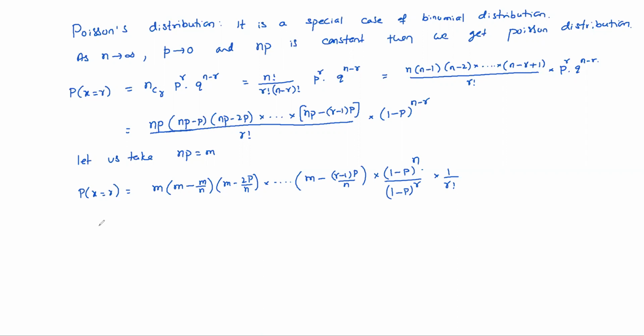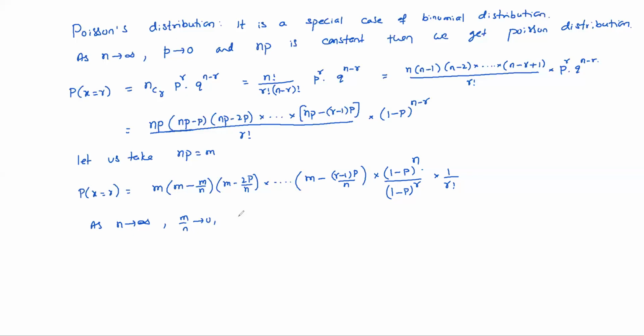But you know np is constant, n tends to infinity. As n tends to infinity, what happens? N tends to infinity means m by n tends to 0.